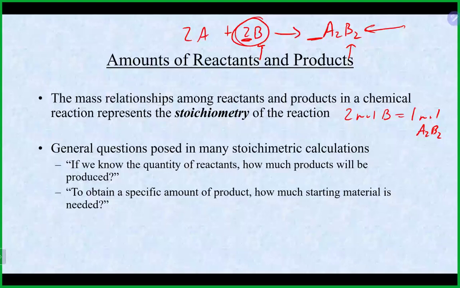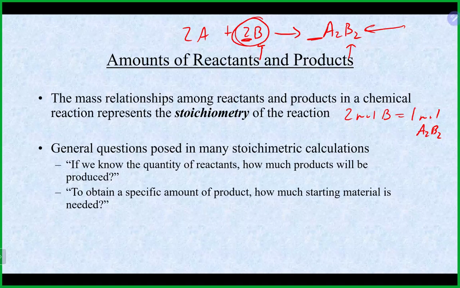So we're able to get a relationship from the balanced equation that allows us to use it as a conversion factor, because all we know in this example is about B, but we're interested in how much product we make.